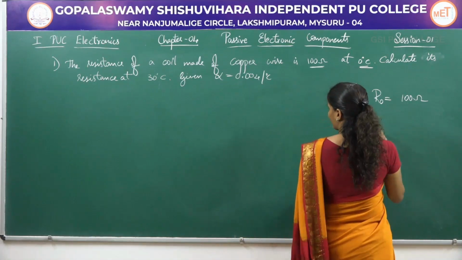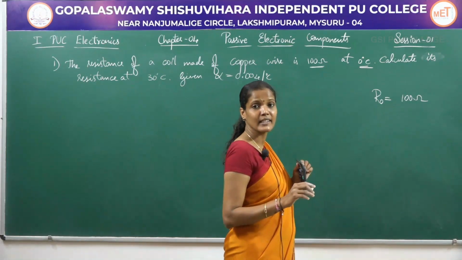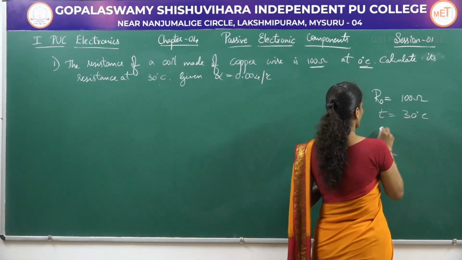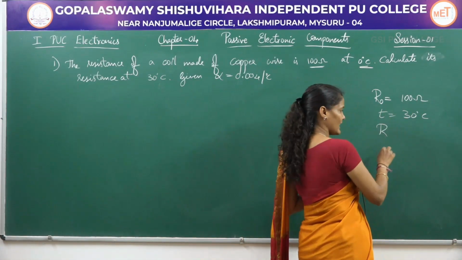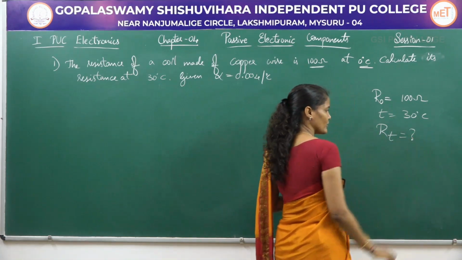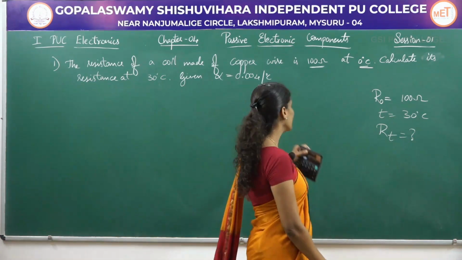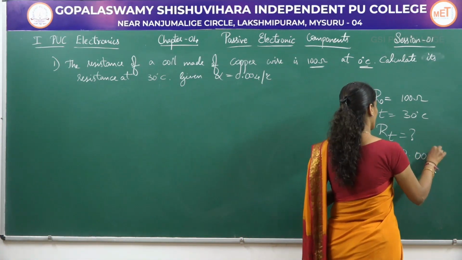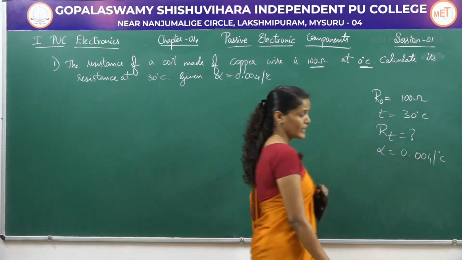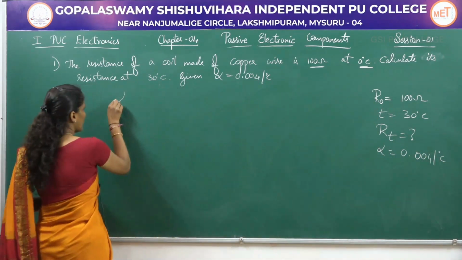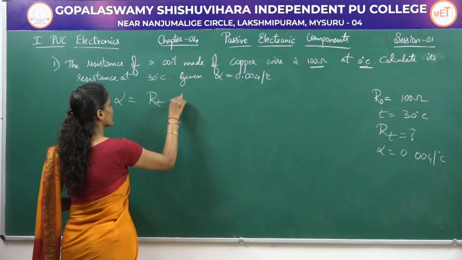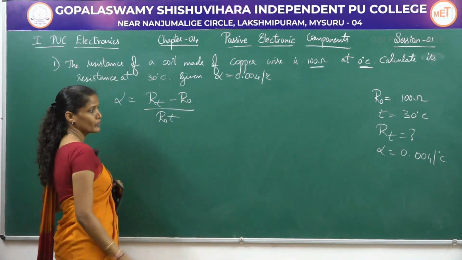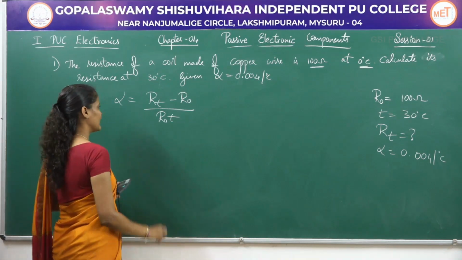That is nothing but the temperature. So T is equal to 30 degree and you have to calculate the resistance at 30 degree. In the sense you have to calculate RT for the given value of alpha, which is equal to 0.004 per degree centigrade. Now we have this formula alpha equals RT minus R0 divided by R0 into T, where you have to find out RT.